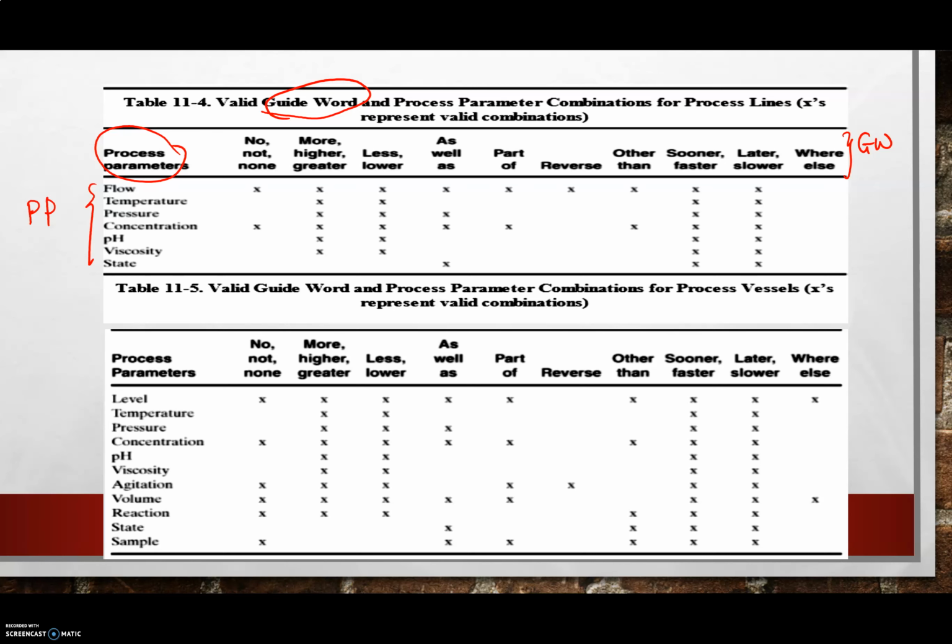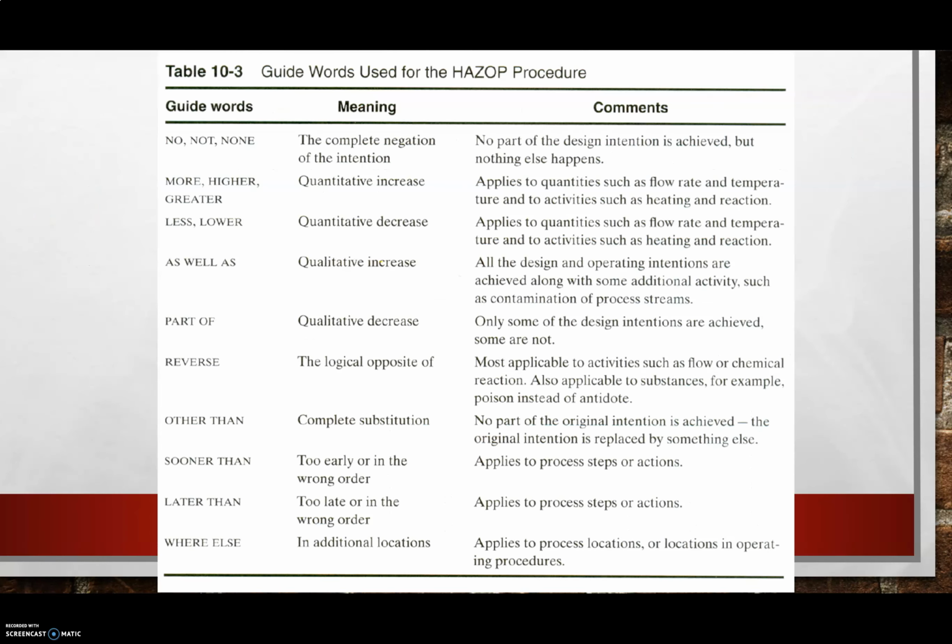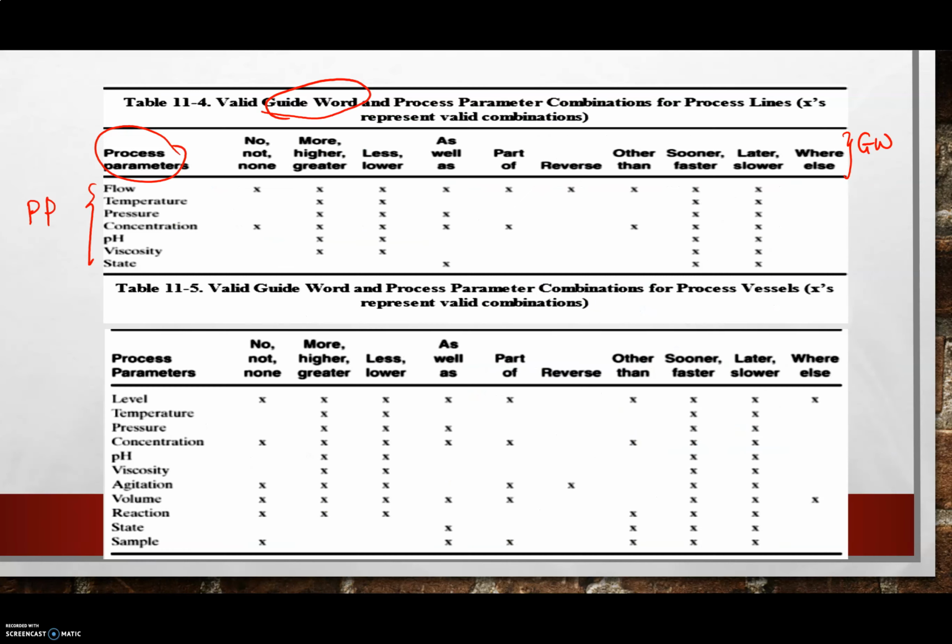For example, temperature. There are no combination of no, not, or none with temperature, none temperature, or no temperature. Just high temperature, less temperature, or lower temperature, and also slower or faster increasing of temperature.